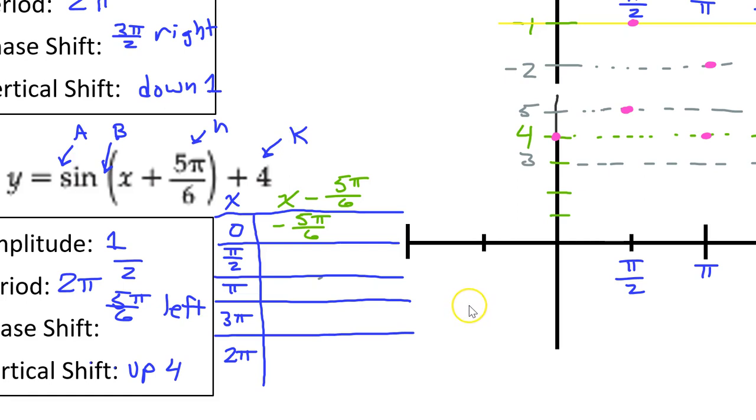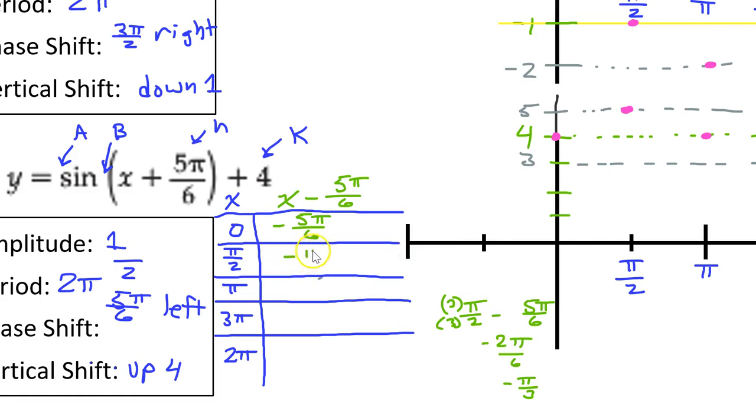So for example, if I do pi over 2 minus 5 pi over 6, okay, well I'm going to need like denominators, so I would do 3's. So this would be 3 pi over 6 minus 5 pi over 6, so that would be negative 2 pi over 6. Okay, but that reduces. So this would be negative pi over 3. Alright, 2 goes into 6 3 times.